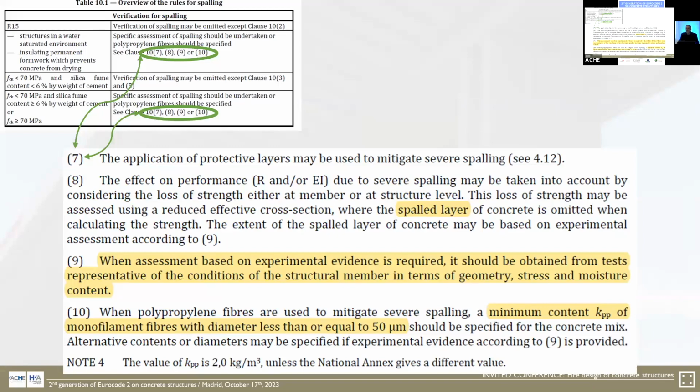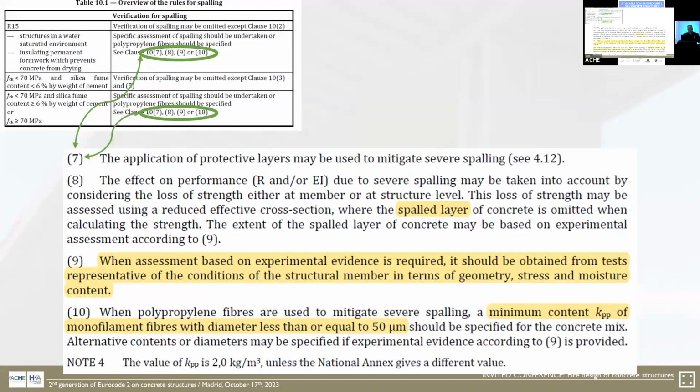For example, in big infrastructures, typically we work on fire scenarios, and to each fire scenario, there is a corresponding spalling level, which should come from some experimental data. Either you do the tests yourself or you get them from the literature. And this is a very straightforward approach. You take spalling into account as a reduction of section.